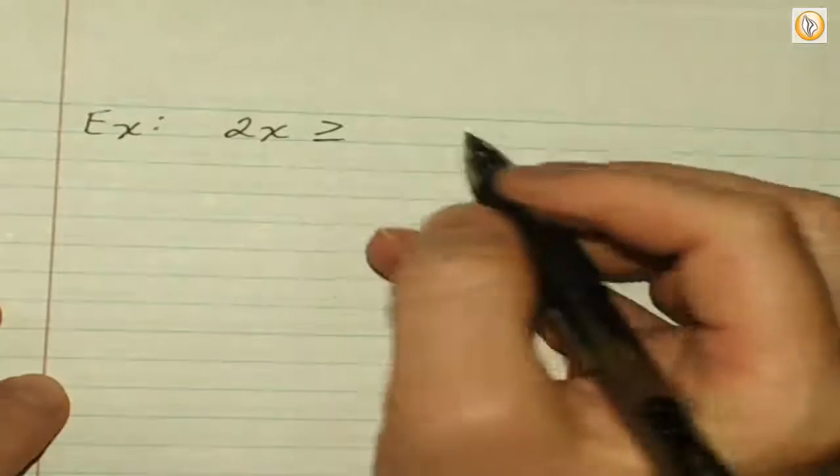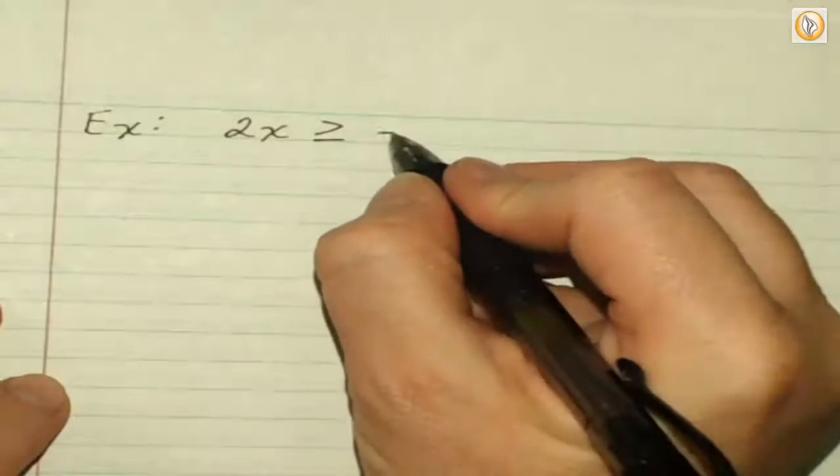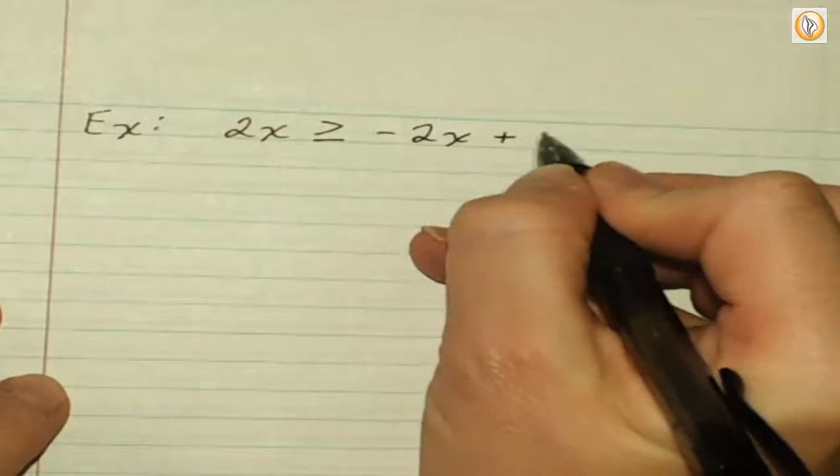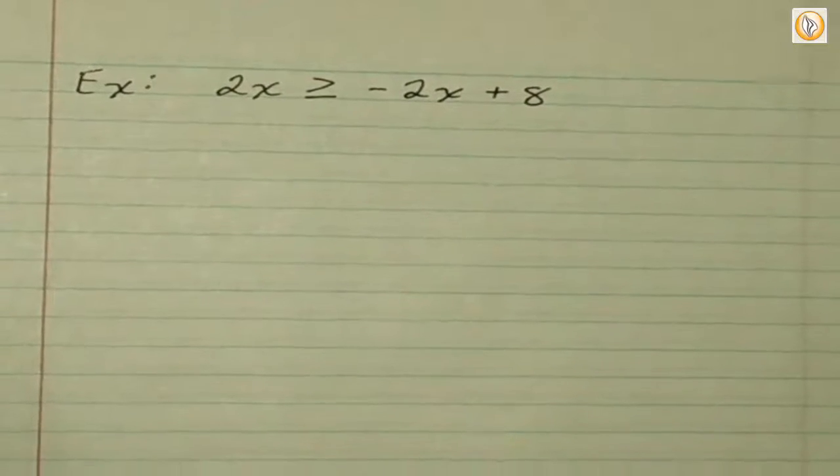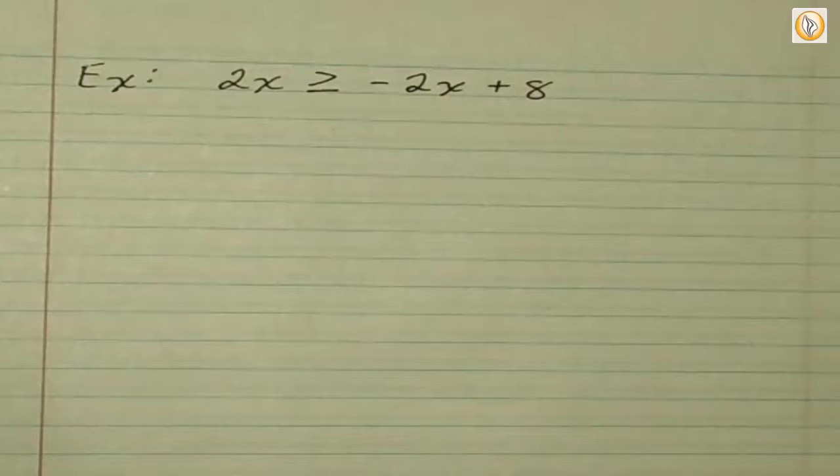It'll confuse you. Okay. 2x is greater than or equal to -2x plus 8. All right, Emily, you are my next victim. No, I'm kidding. All right, this is a little bit hairy. Think back to yesterday now.